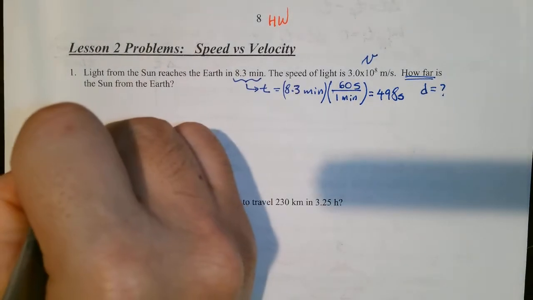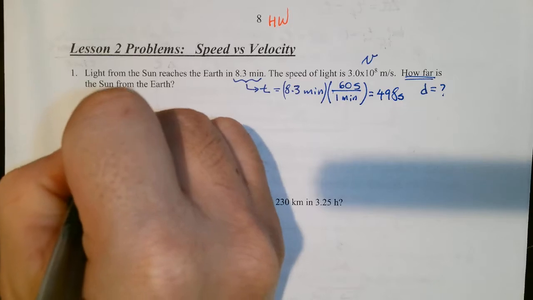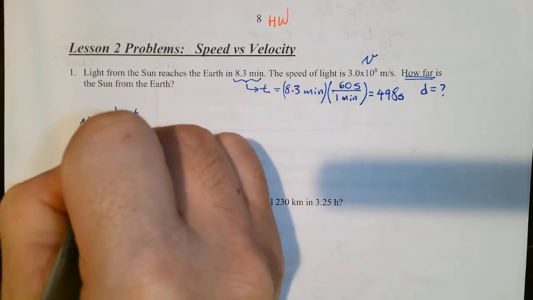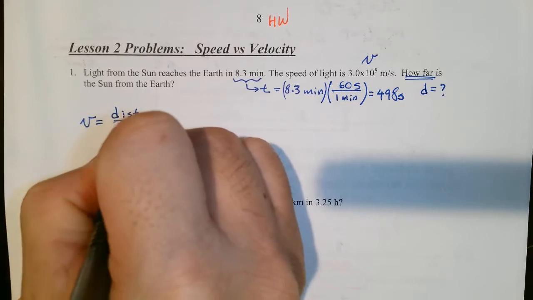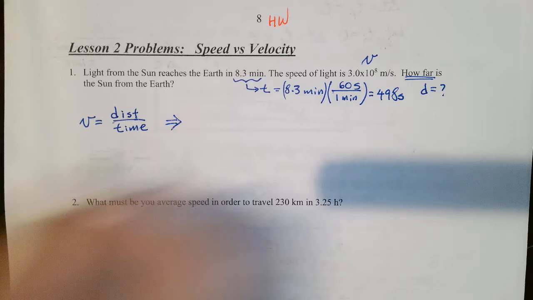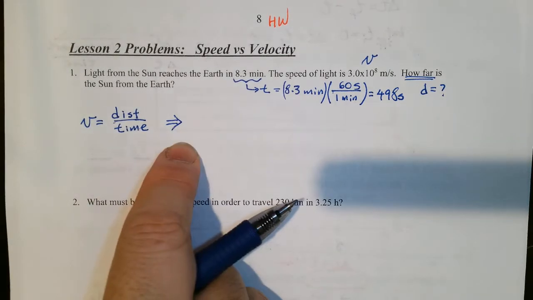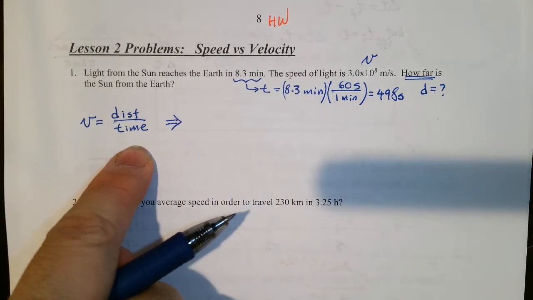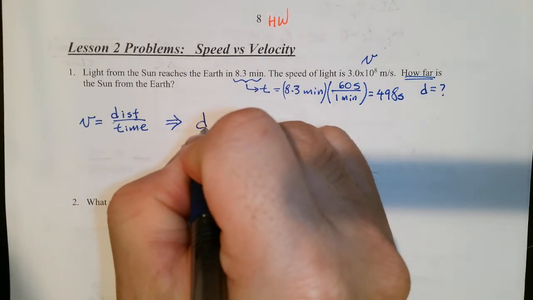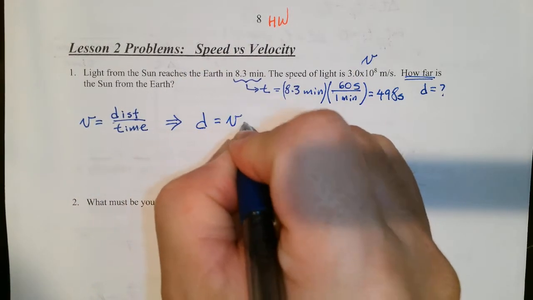So speed v is equal to distance divided by time. If we redistribute the time by multiplying it to both sides, our distance is equal to speed times time.